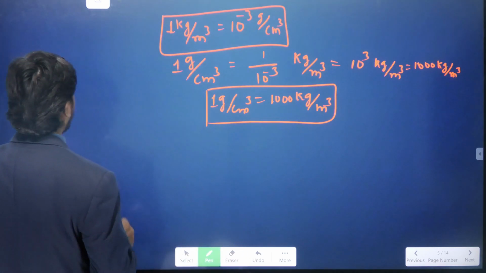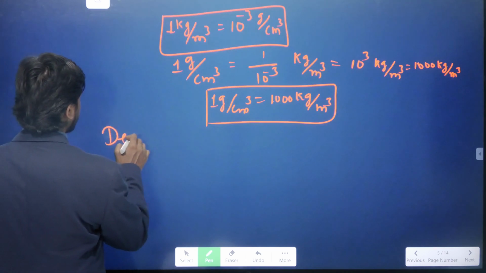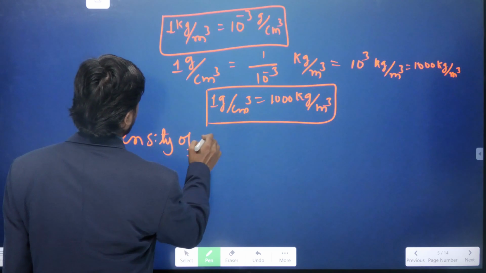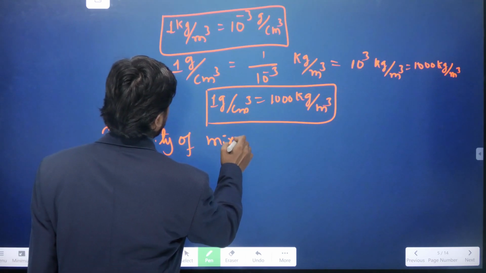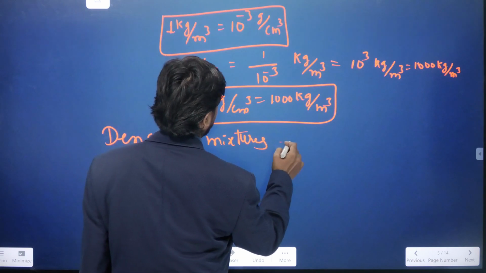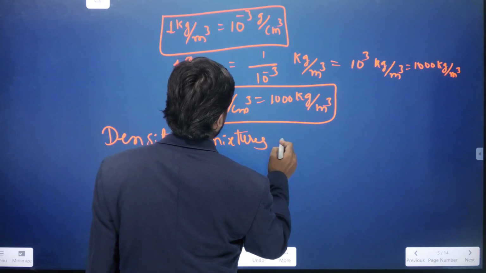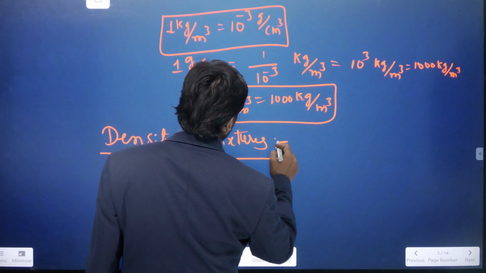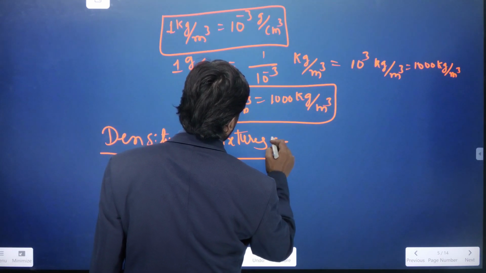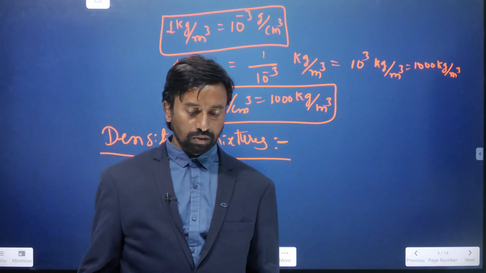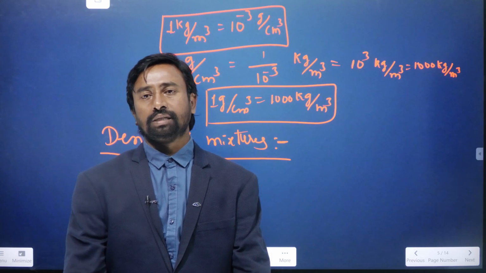That is the density of mixtures. We take two substances having the densities rho 1 and rho 2, and the total density of the mixture.